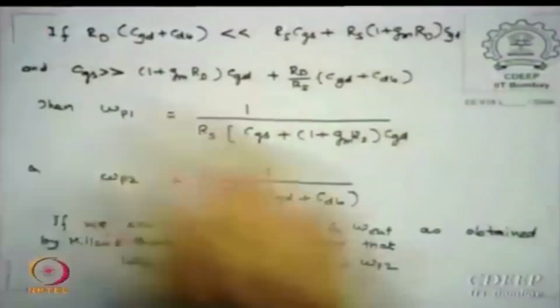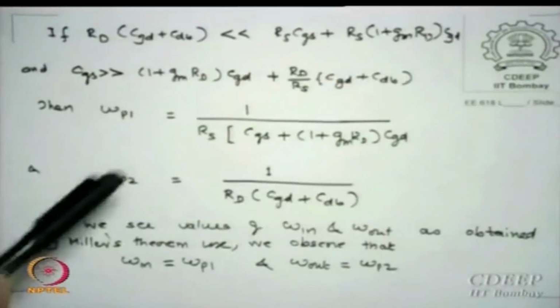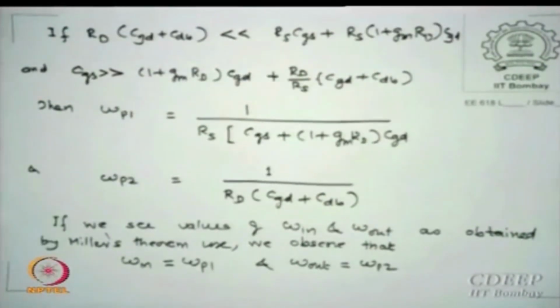The condition which I wrote: if RD CGD CDB is smaller than this term and CGS is larger than this term, then omega p1 and omega p2 reduce to the same values which we derived using Miller. Now in most cases, and not all cases, this may be valid.